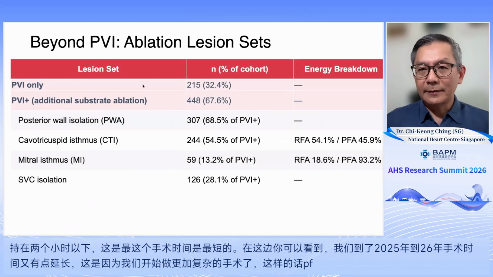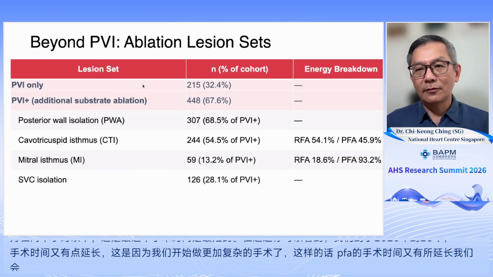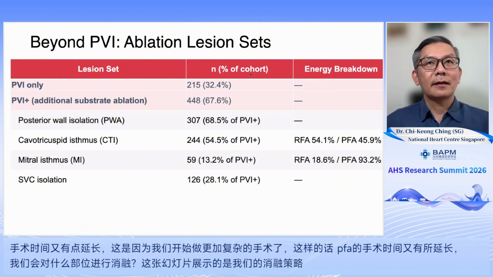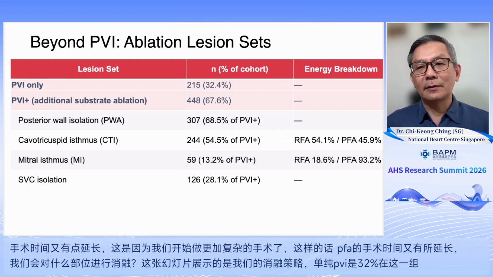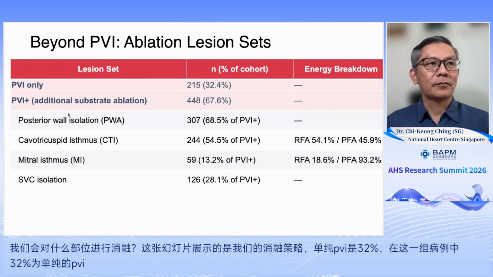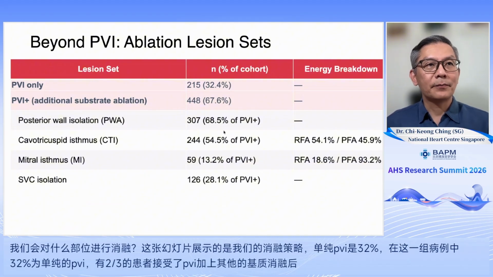So, what do we ablate? This is a slide showing the ablation strategy for this group of patients. PVI only, in these 666 patients, only 32% underwent PVI only. So 2 out of 3 patients underwent a PVI plus ablation strategy, of which posterior wall was ablated in close to 70% of patients who underwent PVI plus only.